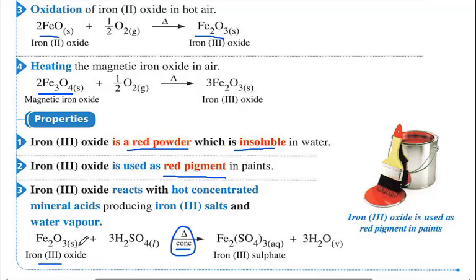When ferric oxide reacts with concentrated acids with heat, it is important, heat, it forms an iron 3 salt, or iron 3 sulfate in this case, and the number of oxygen atoms here is the number of acid and the number of water moles.